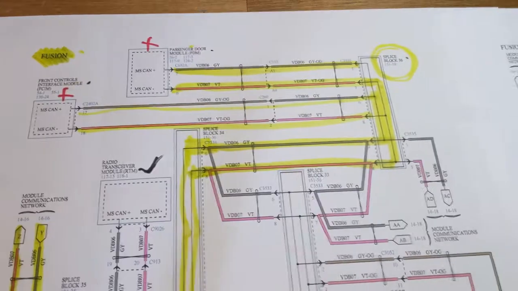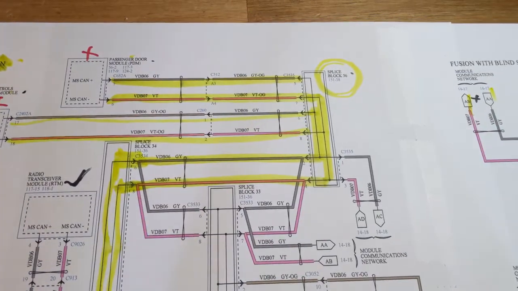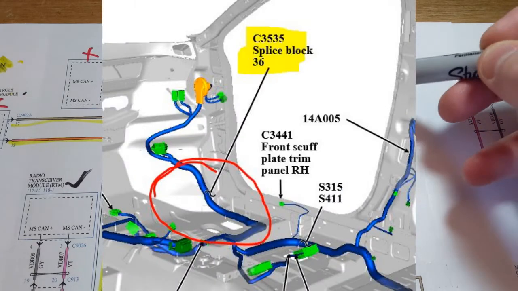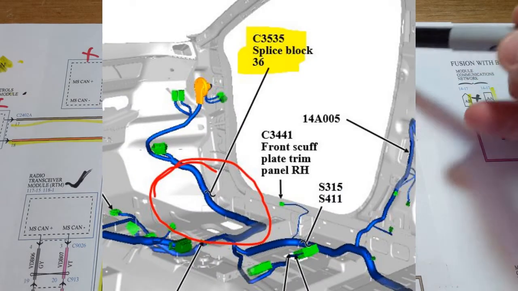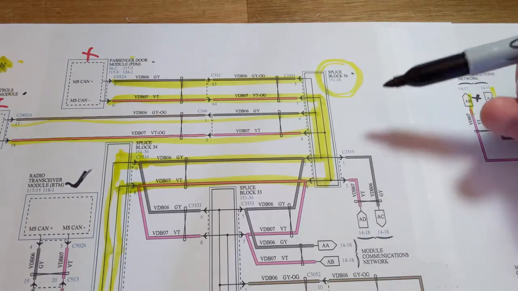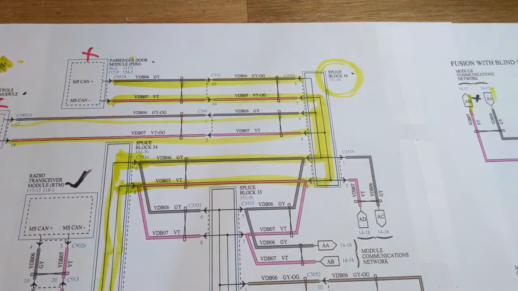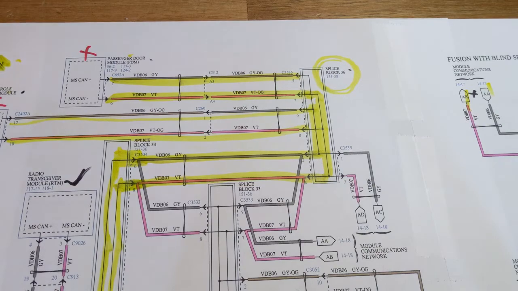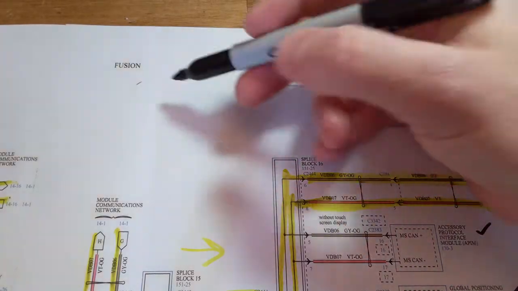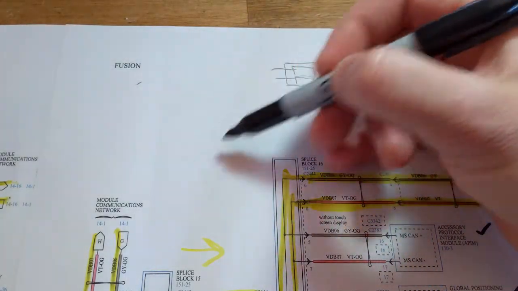And in this particular vehicle, when you went looking for splice block 36, I'll put a picture of the location of it. It was on the driver's side in the rear where the passenger would put their feet. It was in the winter, so if you had people coming in with their wet, muddy boots, they were filling that passenger well with their dirt.